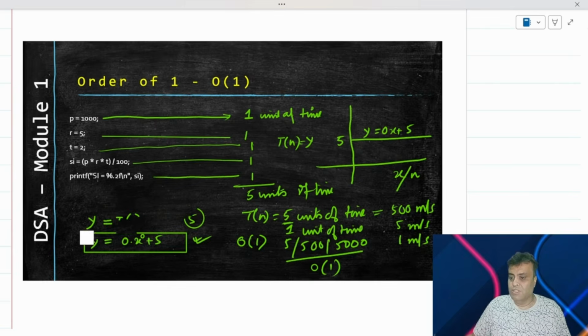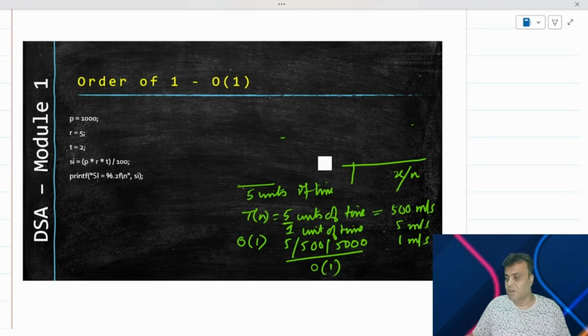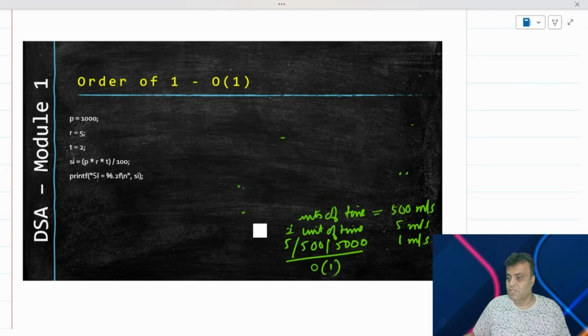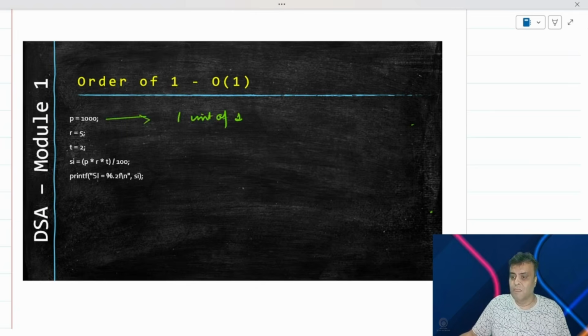Now if we investigate the space complexity, which is the first time we are discussing space complexity for this particular algorithm, then the space complexity for this routine will be like this. Here we will say that we take 1 unit of space. P is 1000, probably defined as an integer.